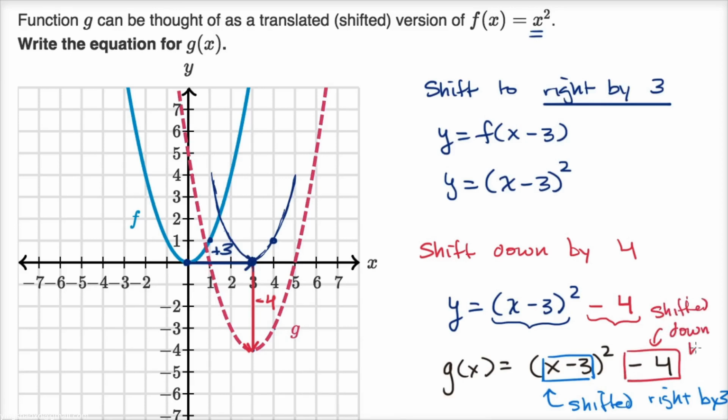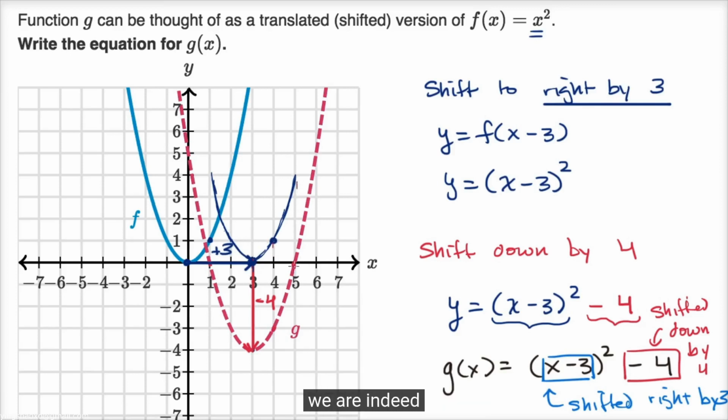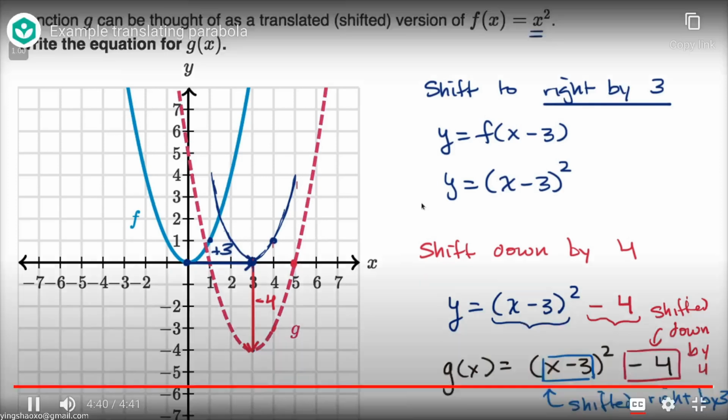Shifted down by 4 to give us this next graph. And you can verify visually that if you shift each of these points exactly down by 4, we are indeed going to overlap on top of g of x.